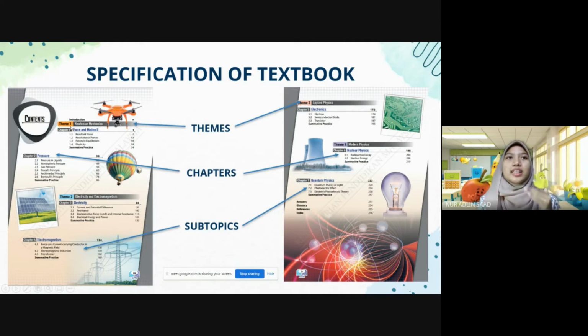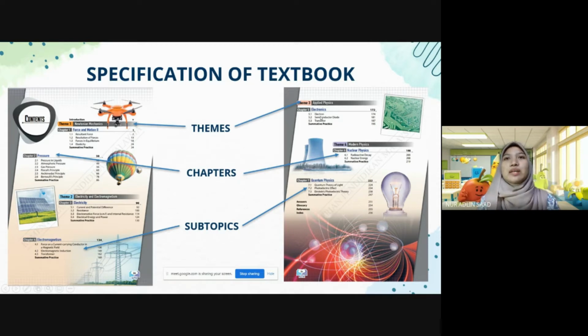Okay, under the theme, we call it chapter. Okay, in one theme, there is no specification of the number of chapters. It means in one theme, it can have 2 or 3 chapters. For example, in theme 1, there are 2 chapters. In theme 2, there are 2 chapters.